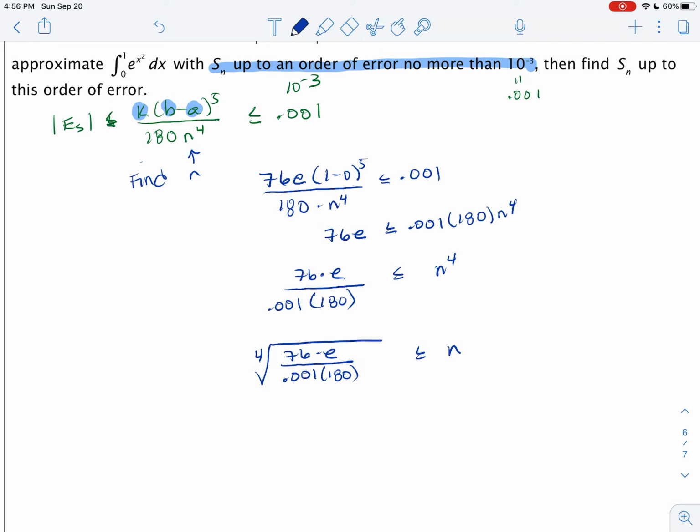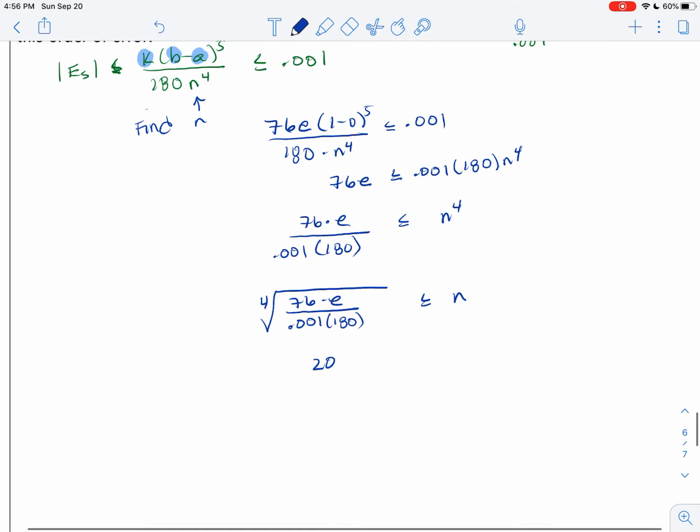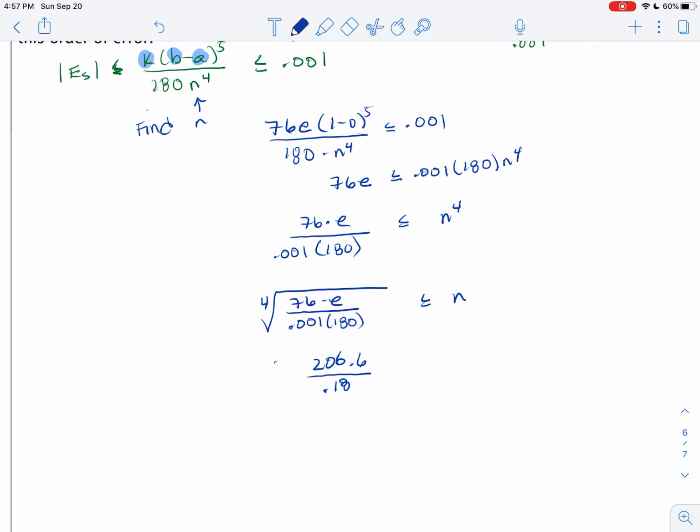And if you give me a moment to calculate, we have here that e is 2.718. If we multiply by 76, we end up with 206.6, and 180 times 0.001 is going to give us 0.18. And we're taking the fourth root of that.